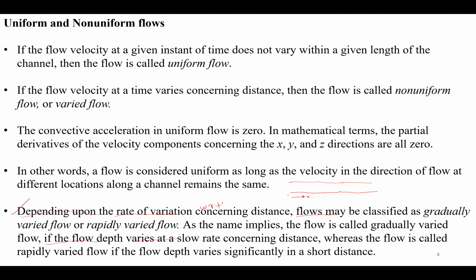If this variation happens in a very short span of length, then this type of flow is known as rapidly varied flow. The flow is called rapidly varied flow if the flow depth varies significantly in a short distance.